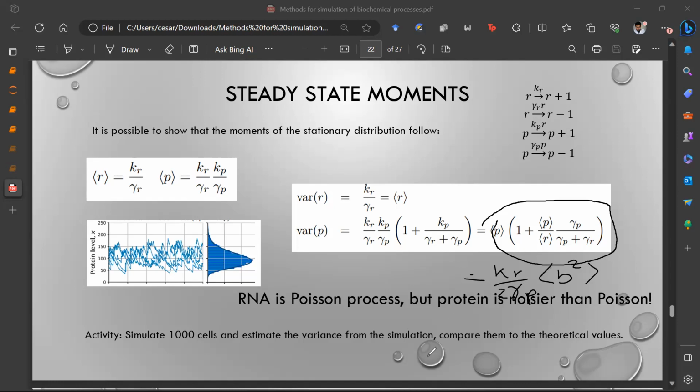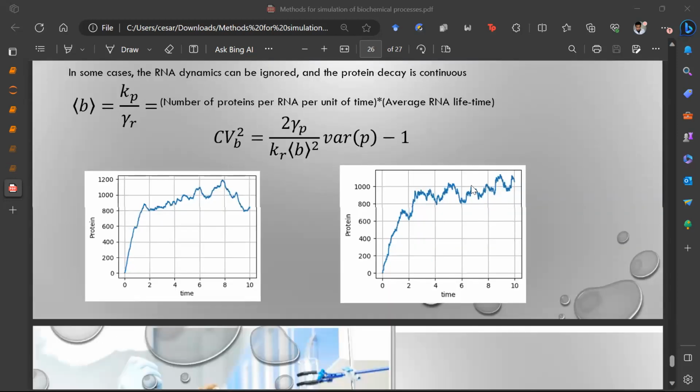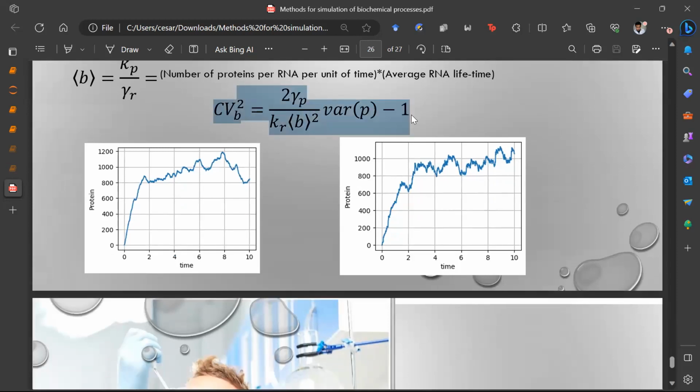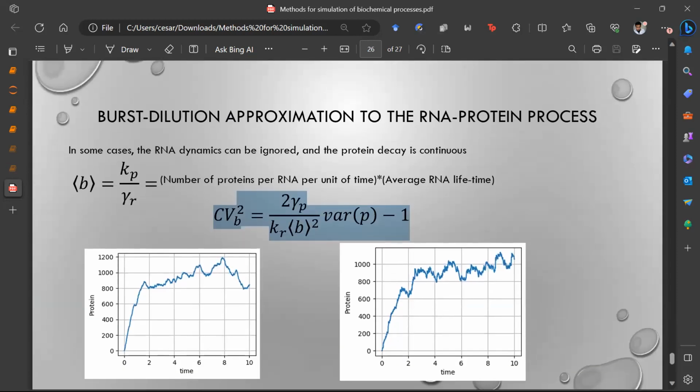You can estimate the second order moment of B such that it satisfies this equation, and the solution for this is simply this. That gives you the CV square of the burst. Remember that the coefficient of variation square of the burst corresponds to the variance of the burst over the mean burst squared.